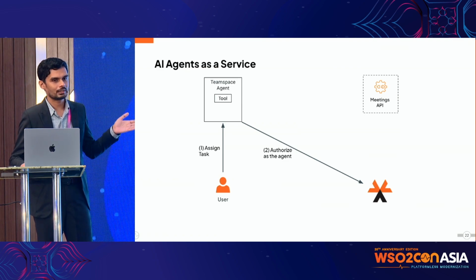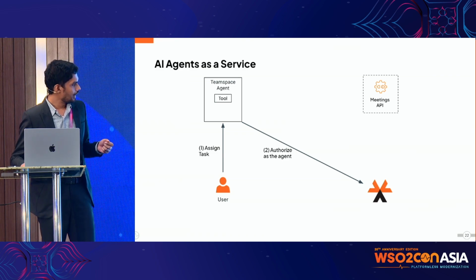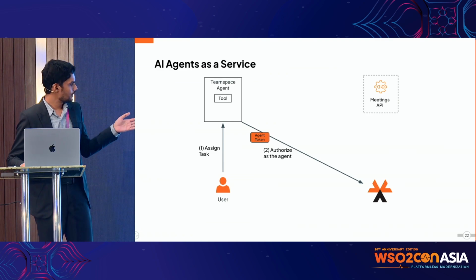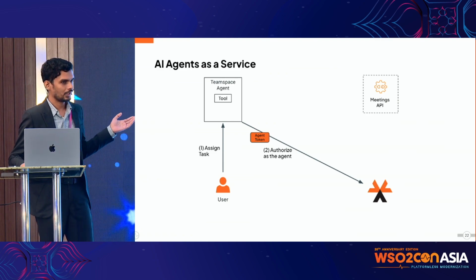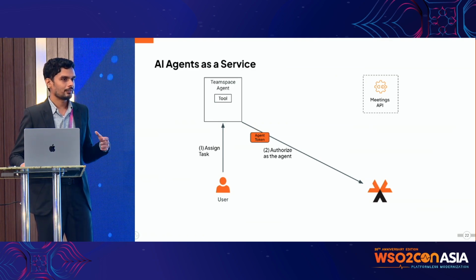I'll explain how that credential is done at a later time. And then it will receive this agent token. If the agent is autonomous or hybrid, the agent can use this token to do any work as the agent. And in our example, the functionality is actually done as the user, on behalf of the user, by the agent.